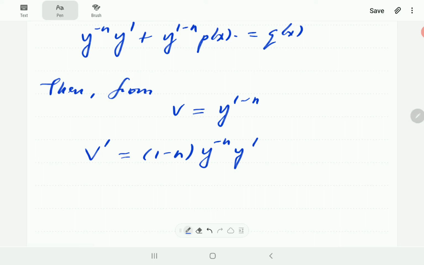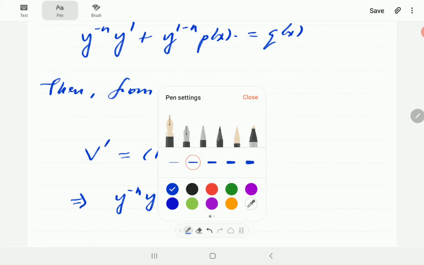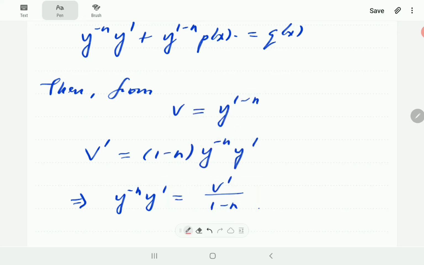From this we can see that y to the power negative n y prime is v prime over 1 minus n. So what we're going to do is we're going to substitute. Notice that this term is exactly the same term as this one. So that's going to be v prime over 1 minus n. And this term is the same as that one. So that one is going to be v.